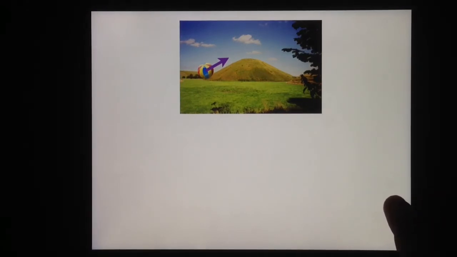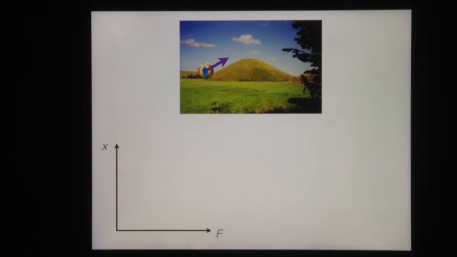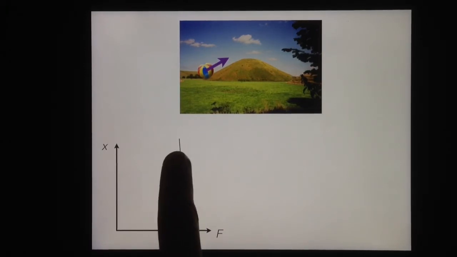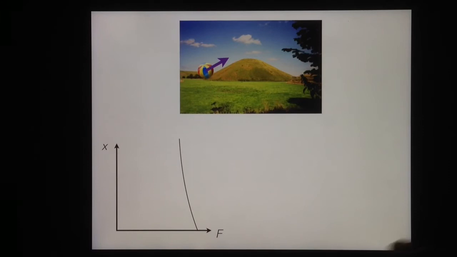So you just look at two things. How does the force depend on the displacement? So the relationship between height and gravitational force: usually close to the surface of the Earth, the force is completely independent of the height, but we could very well imagine that at a higher altitude the gravitational force becomes smaller.